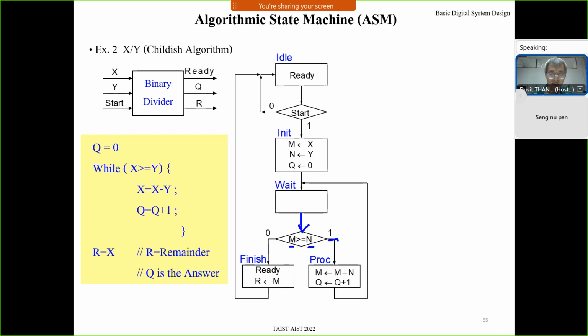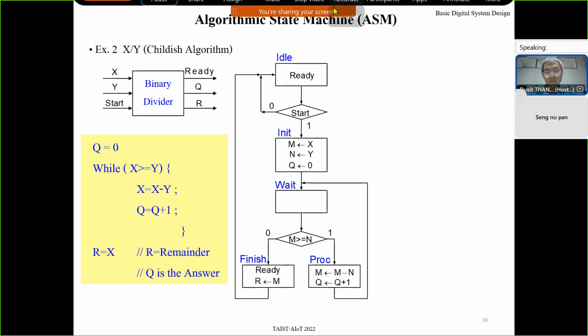If yes, go to state process to do subtraction and increase q by 1. And repeat this until this condition becomes false. Go to state finish, and then when the clock ticks, change to state idle.